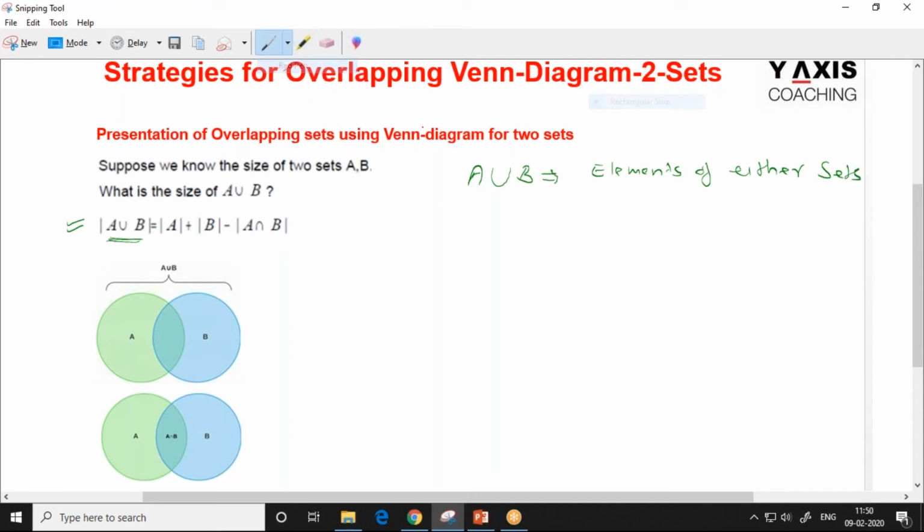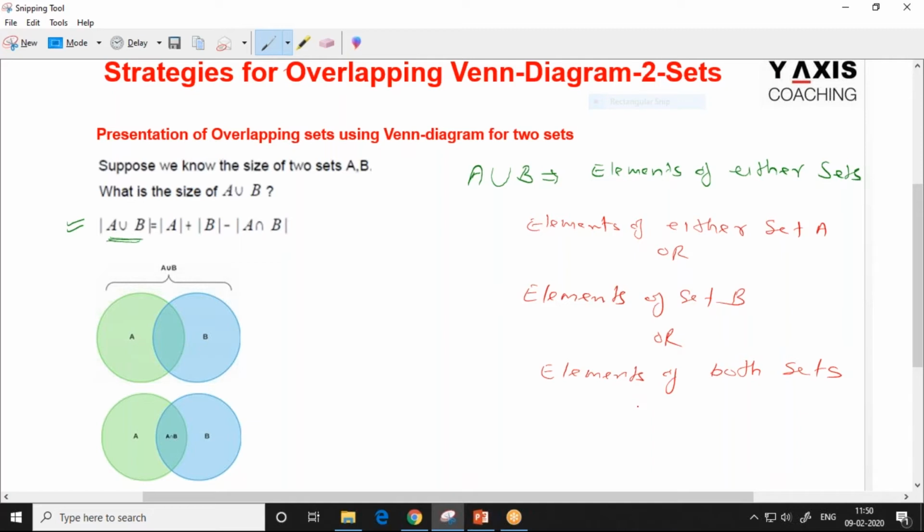In other words, this can be said as elements of set A, or elements of set B, or we can say the common elements of both sets A and B, or elements of both sets, that is A and B.